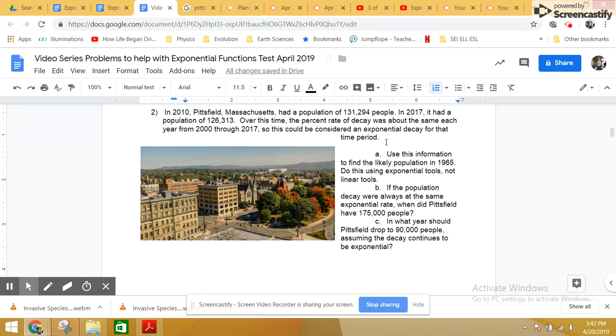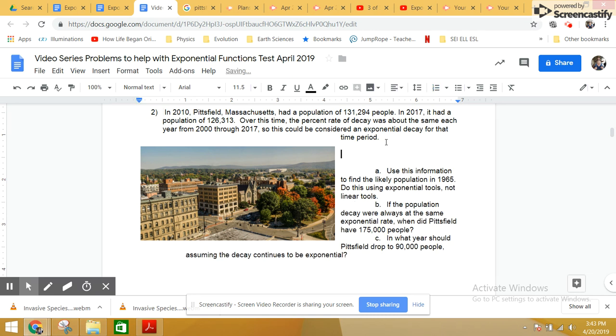All right, so the first thing we've got to do in this problem is set up our basic equation describing the decay of the population of Pittsfield over time using the data we've been given. So we say y equals ab to the x is our basic structure, with initial value a, which we'll have some choices about, b, which is our base, which we'll have to do a couple of tricks around, and x is time.